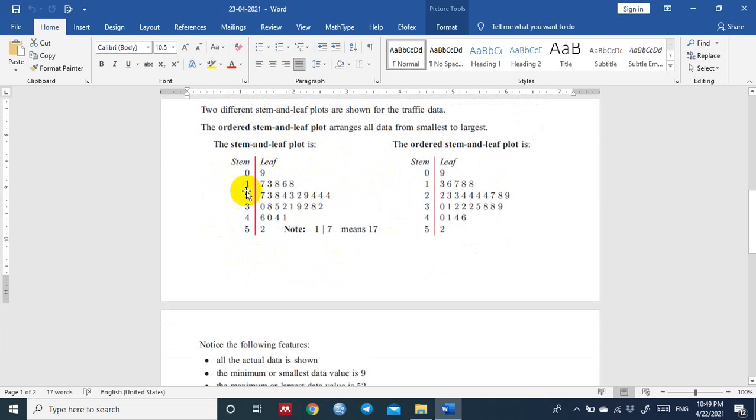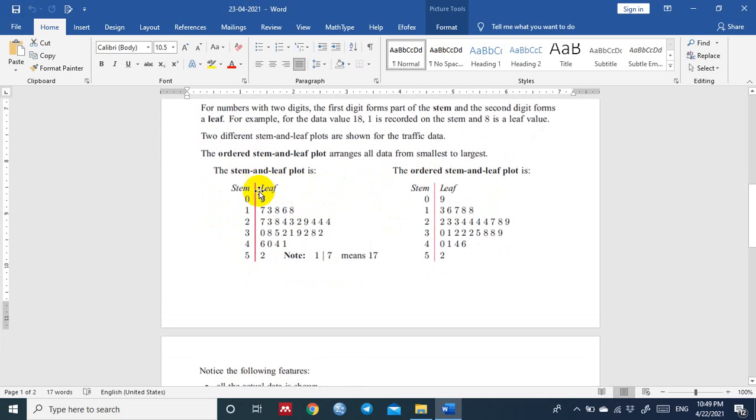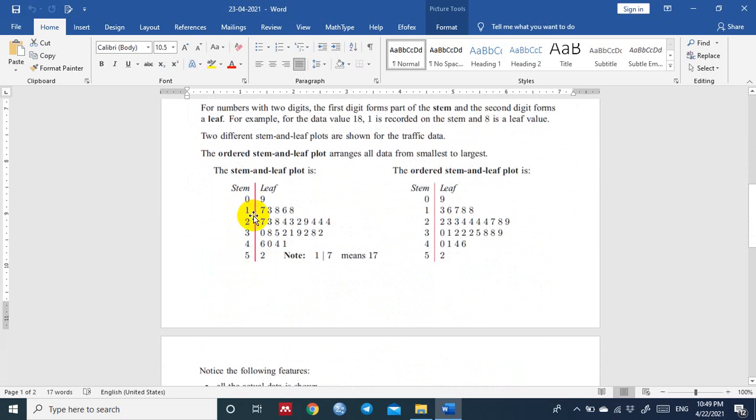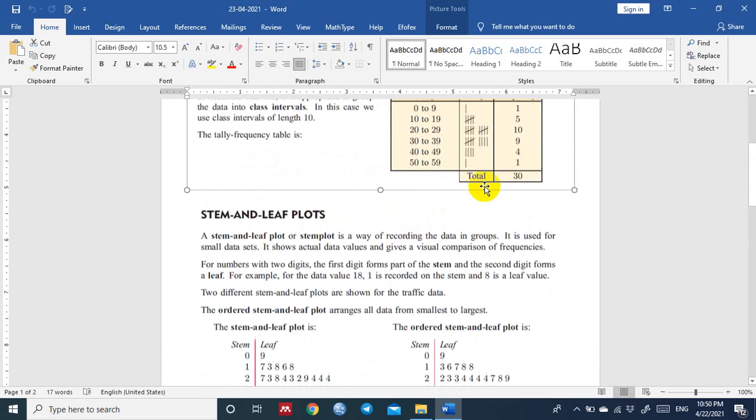Okay, so this is the stem and leaf data which is not arranged in order. You can see that here we have 9 here, it's 1. And after that for the 10s, we have 17, 13, 18, 16 and 18 here. So totally 5.